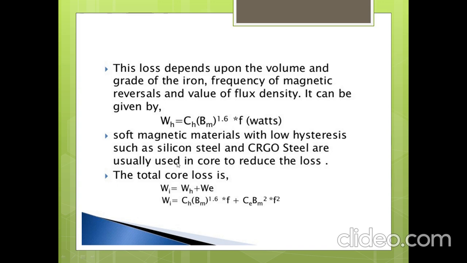The total core loss is W_i equals W_h plus W_e, and also W_i equals C_h (B_m raised to 1.6) into f plus C_e B_m square into f square. Okay.